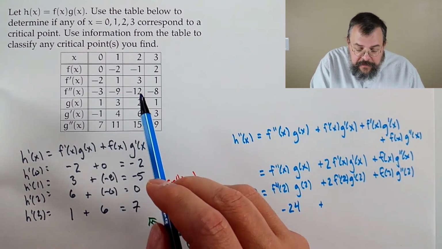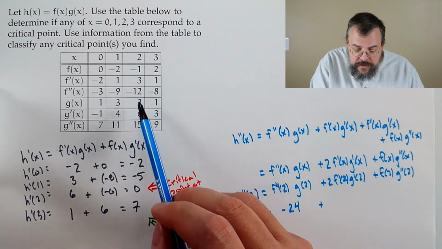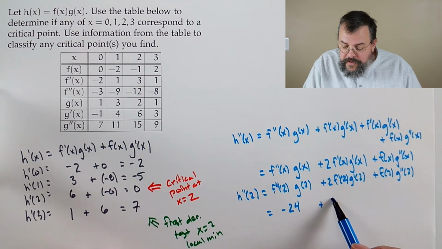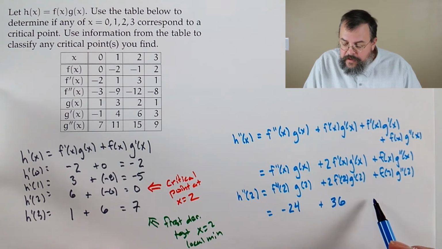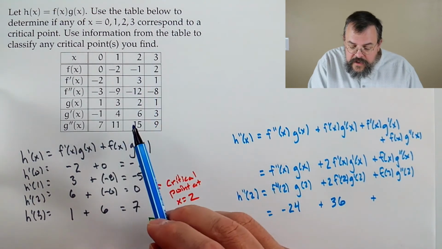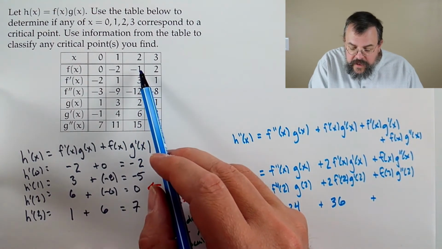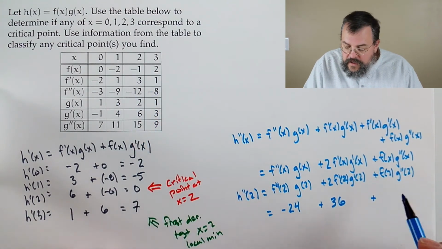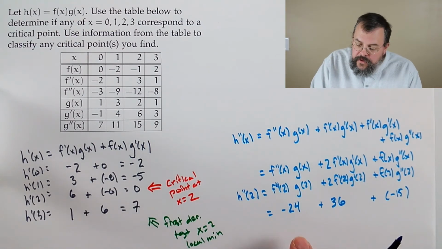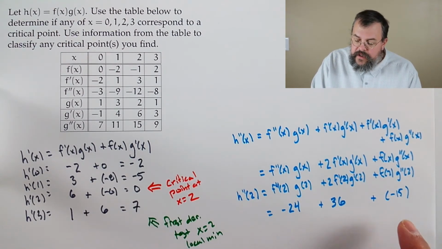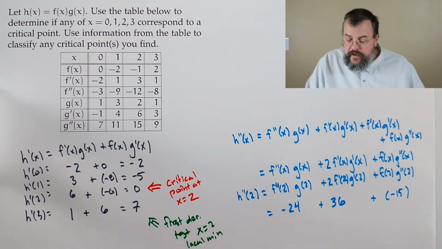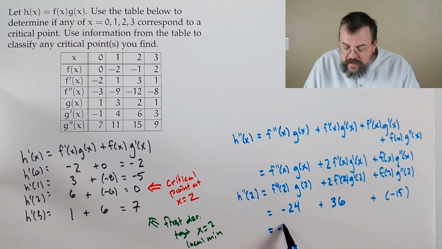Plus f prime of 2 times g prime of 2, which is 3 times 6 is 18, but we double that, so 36. Plus f of 2 times g double prime of 2, so negative 1 times 15, a minus 15. So negative 24 plus 36 minus 15. Adding the first and last gives negative 39, and 36 minus 39 means negative 3.